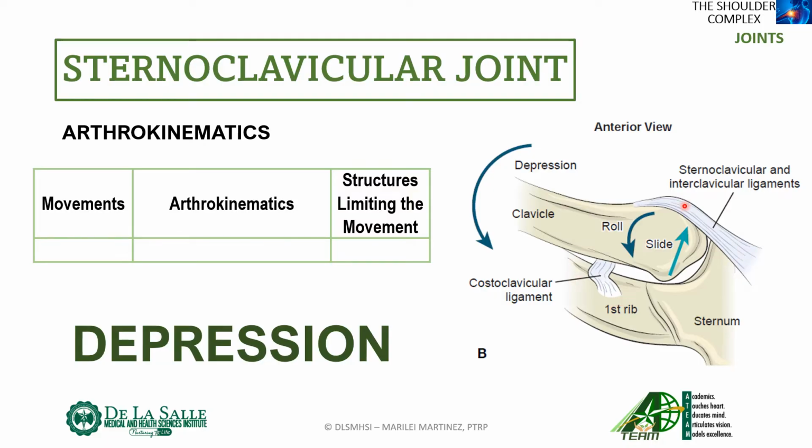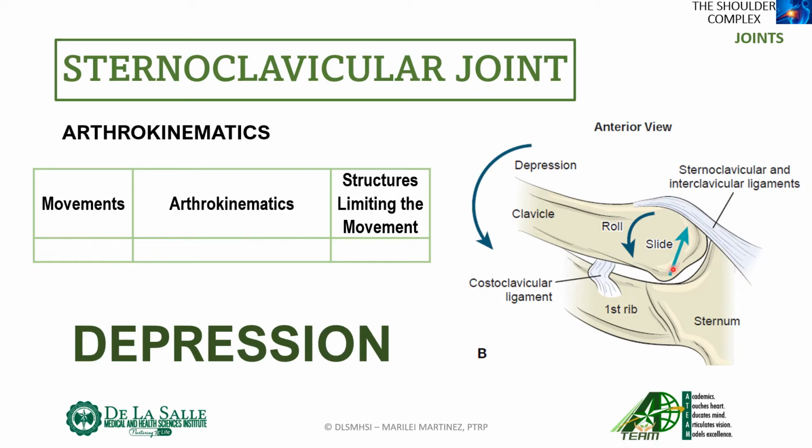As for the interclavicular ligament, since its location is here, remember its function is to prevent upward displacement of the clavicle, which is the sliding of the clavicle superiorly in the sternoclavicular joint. If there is depression of the clavicle, it will cause sliding of the clavicle's articulating surface superiorly, but the interclavicular ligament is there.